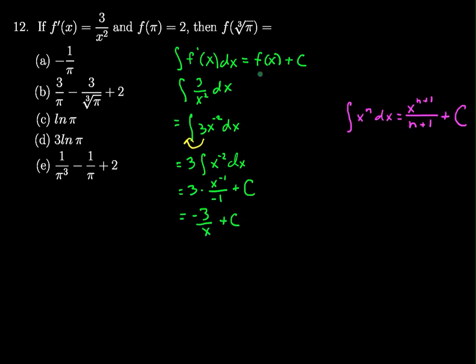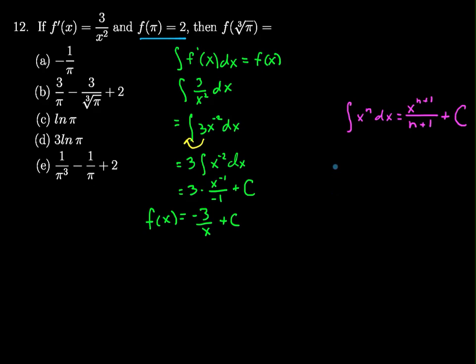And this is going to be our f of x, and really we're not going to have to worry about that. We'll take care of that shortly. So f of x. And now we use our initial condition. We know what happens when x is pi, so we'll bring this in and try to figure out what this c has to be.